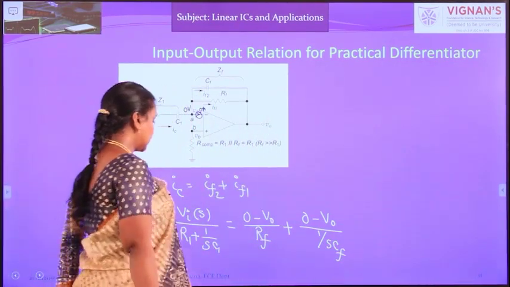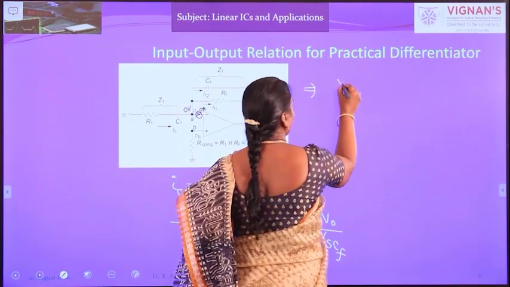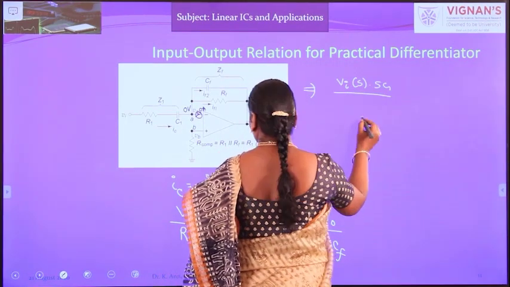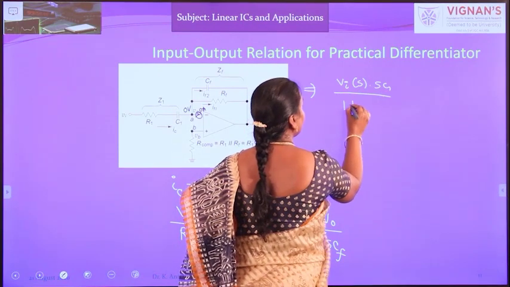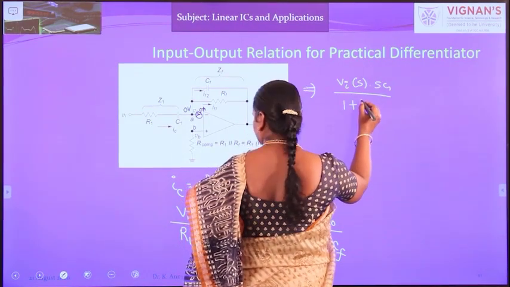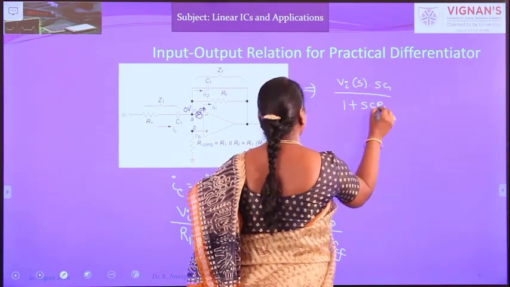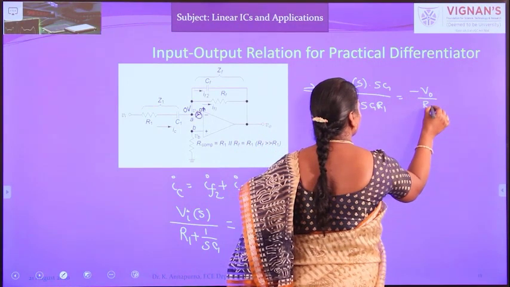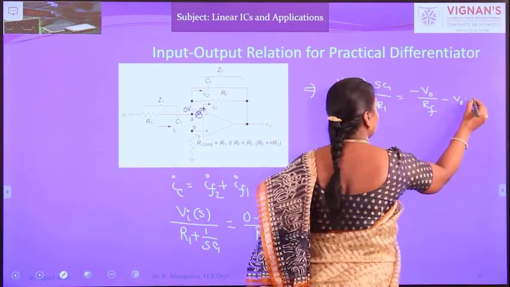Now by simplifying, we will get, taking SC1 LCM in the denominator, Vi of S into SC1 by 1 plus SC1 R1. That is equal to minus V0 by RF minus V0 into SCF.